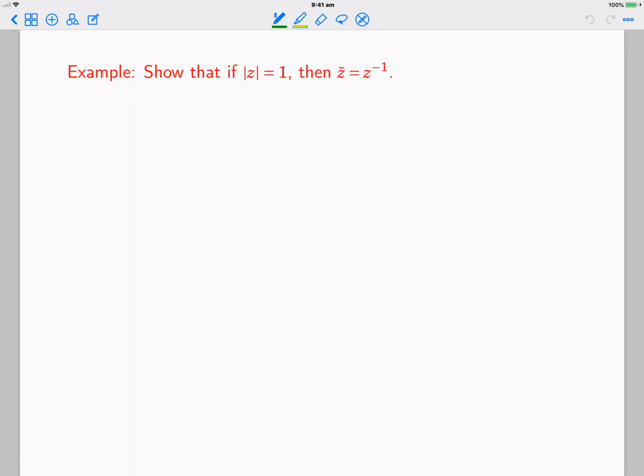But I thought I'd take this opportunity to show you how to do it, and hopefully that'll help you to remember it as well, because I reckon you'll use this trick quite a bit in your studies. So basically what we want to show is that if you have a complex number and its modulus is 1, then the conjugate is the same as taking that complex number to the power of minus 1.